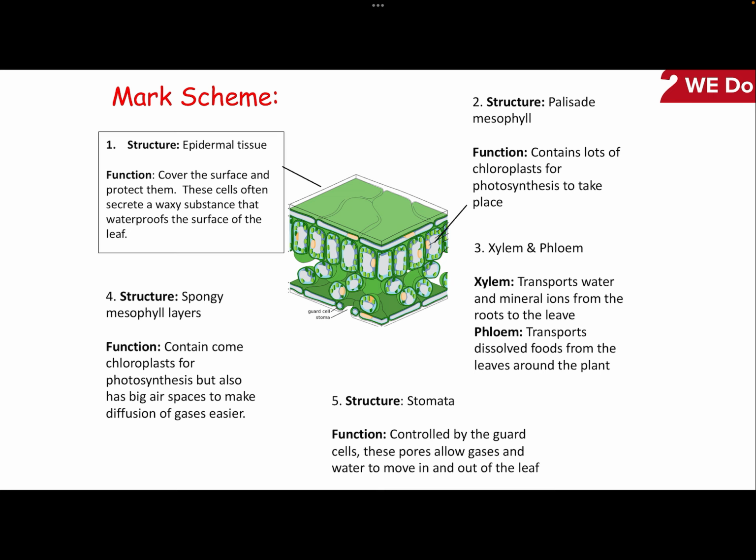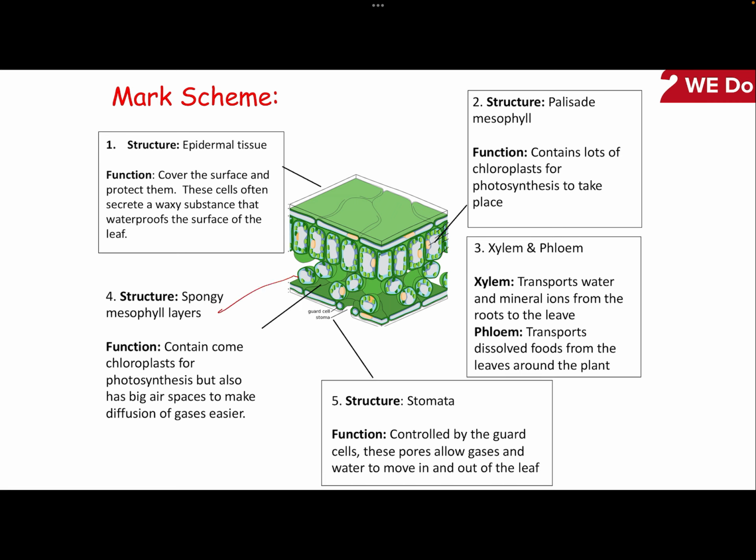Then you have the spongy mesophyll, which is the area in which gas exchange takes place. You have the stomata, which is really in this section right here, these openings.